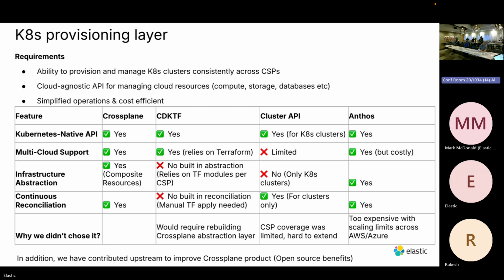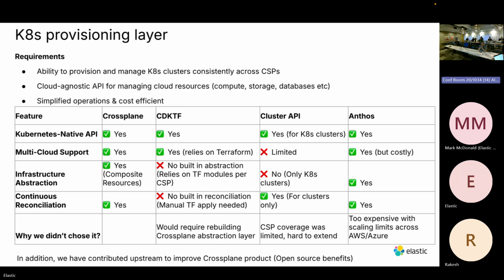We wanted the infrastructure abstracted from the engineer and the service team. That's why CDK Terraform was not a good fit, because there was no built-in abstraction. If we had to build the abstraction, we would end up building it on top of Terraform, which was exactly what Crossplane provides. So CDK Terraform may not be a good fit for us.